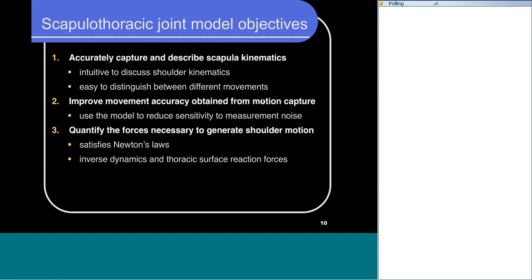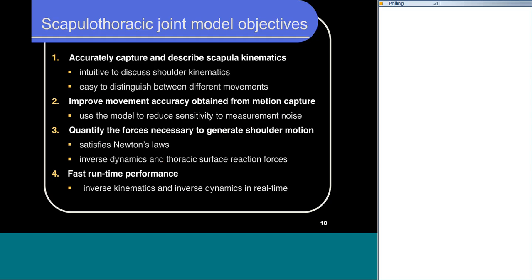And third, we want to be able to quantify the forces necessary to generate shoulder motion. This is getting to the cause and effect, what's causing the pathological motion. Newton's laws are causal relations, so we should satisfy Newton's laws, and we should be able to do inverse dynamics and compute reaction forces on the thoracic surface. And it should run quickly, so we should be able to do inverse kinematics and inverse dynamics at least in real time, so we have a possibility of doing these analyses in the clinic.